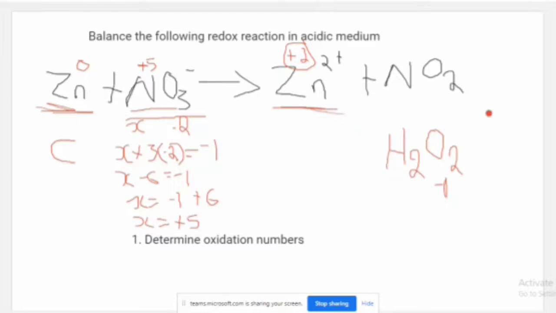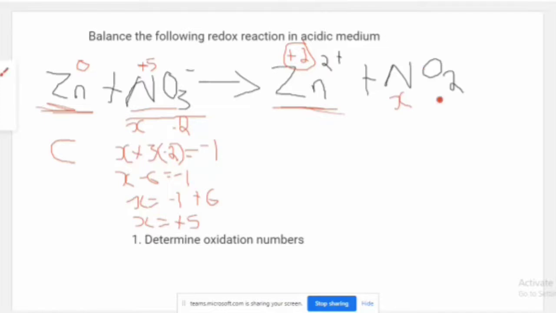Okay, all right. So again, we have nitrogen dioxide here. We don't need to calculate the oxidation state for oxygen because it's always -2. We have to calculate the oxidation state of nitrogen. So nitrogen is going to be X here. Okay, let me remove this so that we can have space here.